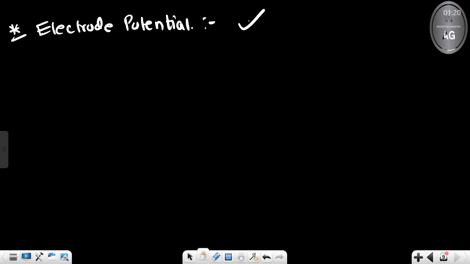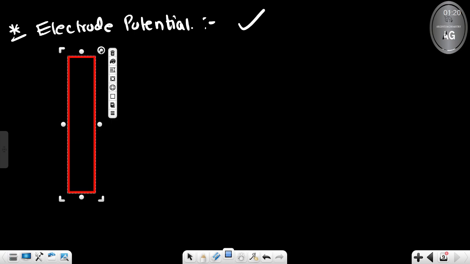Okay. Now you see. Suppose I am taking one electrode, not both the electrodes. Let us take that this is an electrode and it is made up of M metal.